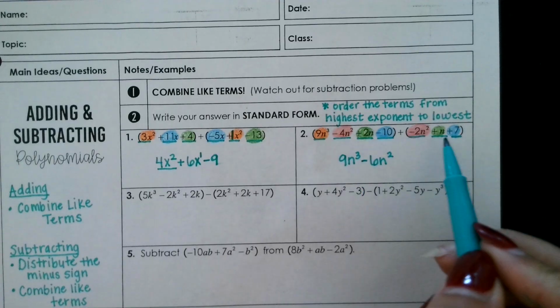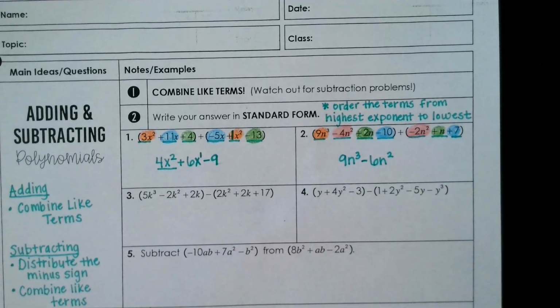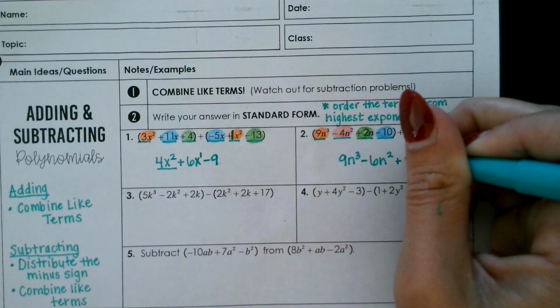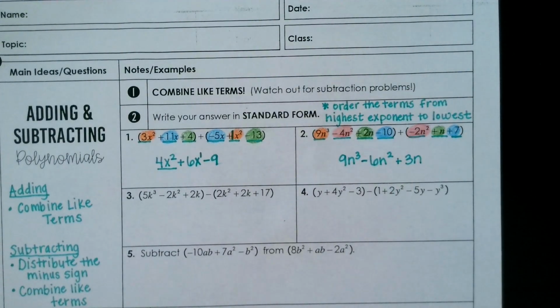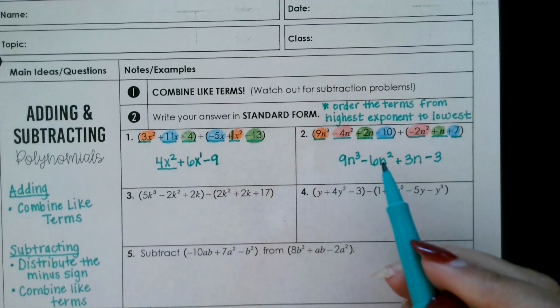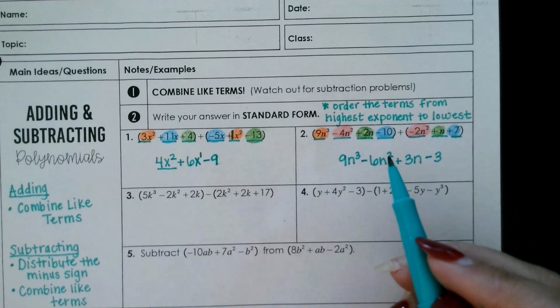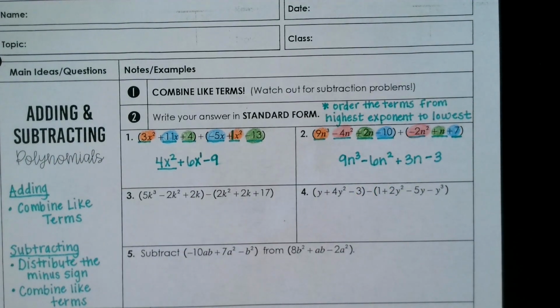A 2n plus another n to the first power is going to give us 3n, plus 3n. Then negative 10 and positive 7 is going to make negative 3. Our answer's in standard form already. We made sure we did it that way, starting with the highest exponent terms down to the lowest, and we got a polynomial answer.